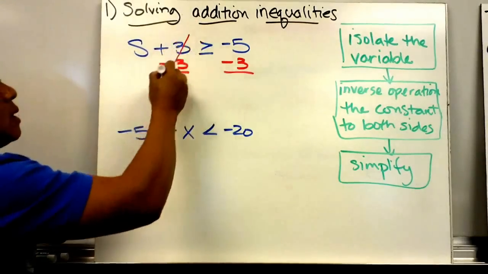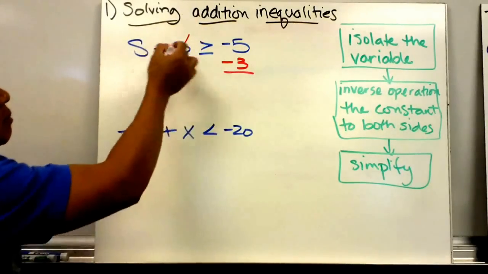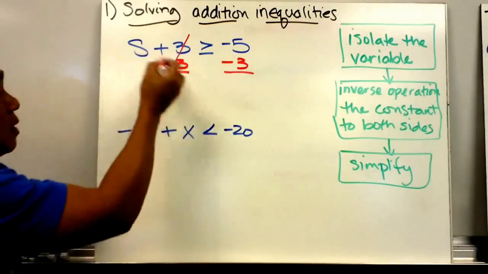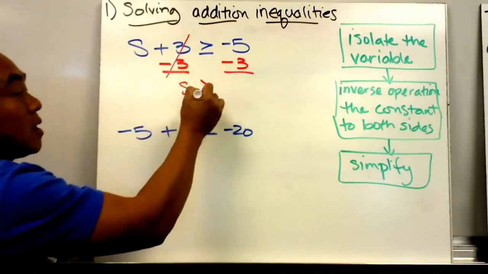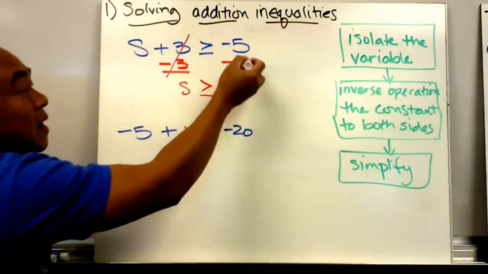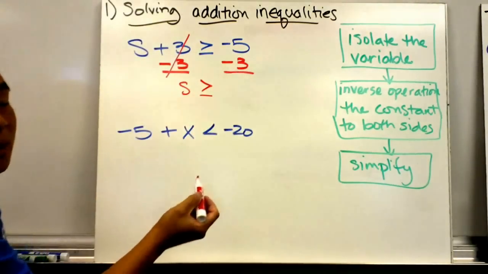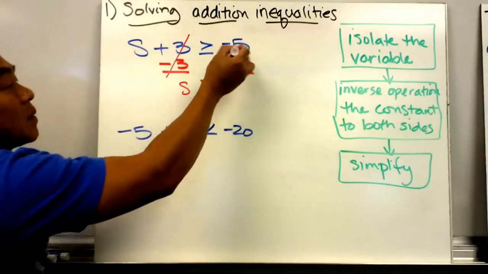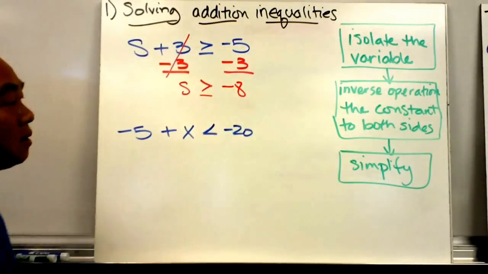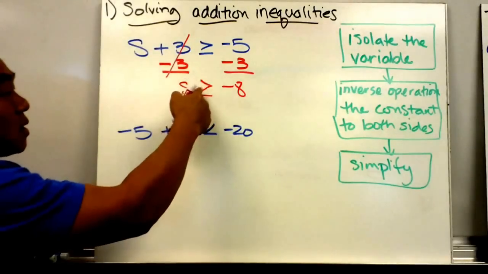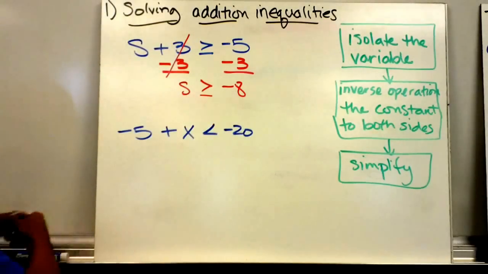So s plus 3 minus 3, the 3 goes away. All I have left is s is greater than or equal to negative 5 minus 3. Think of it as negative 5 plus negative 3, which gives you negative 8. So our answer is s is greater than or equal to negative 8.